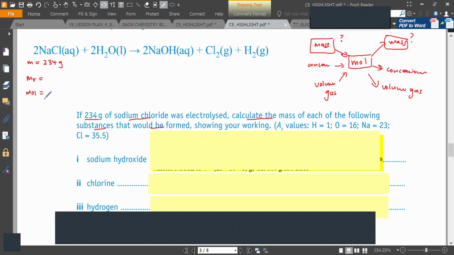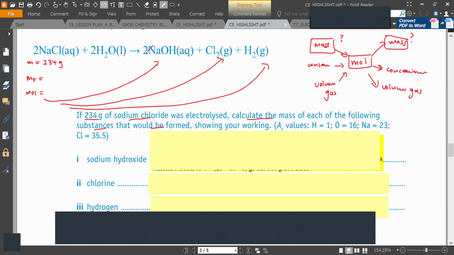And then once we get the mole, we can get this mole, and then we can work out the mass.